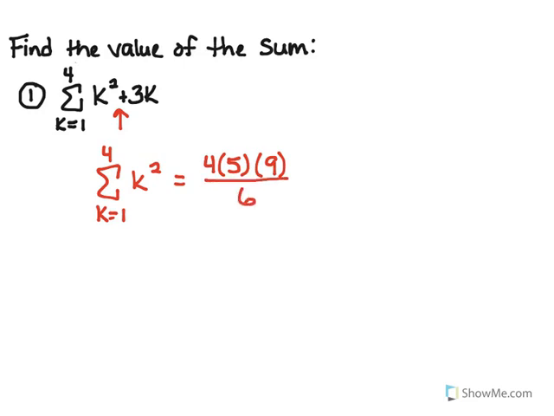Now I can't easily divide by 6 here, but I can do some reducing. For example, I can do each of those divided by 2 to get a 2 and a 3, and then I can reduce again this and this to get a 1 and a 3. So my final answer here comes to 2 times 5 times 3, which is 30.